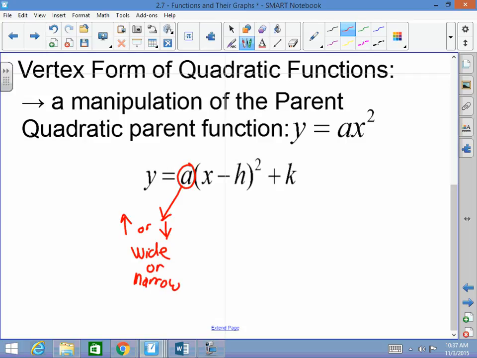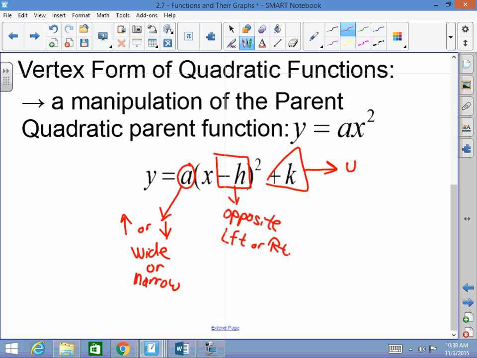The H, first of all, it's always opposite. And the H is going to determine whether it goes left or right. And then you have your K. And your K is going to determine whether or not the whole function itself goes up or down. A determines if it points up or down, but K determines if the graph is shifted up or down.